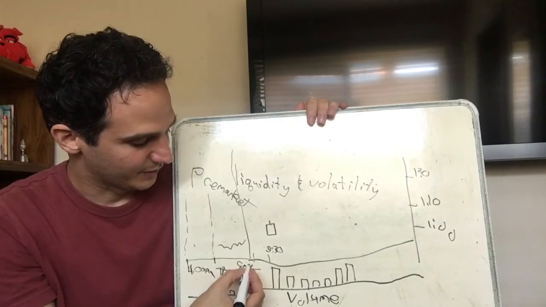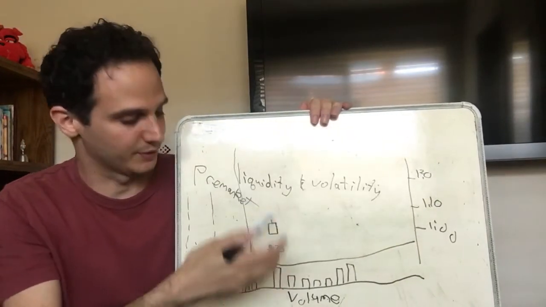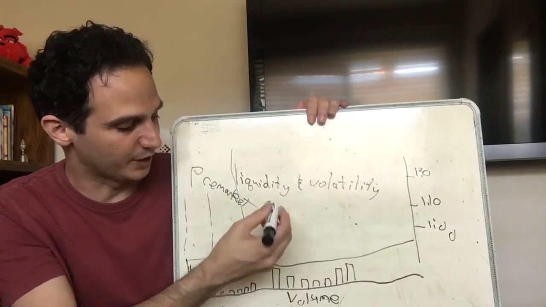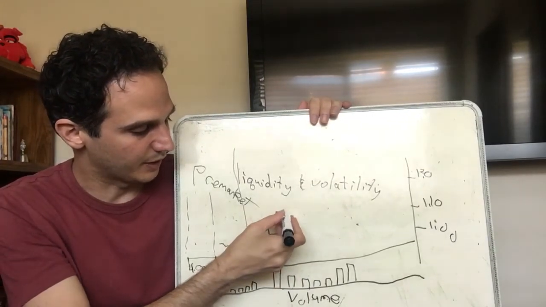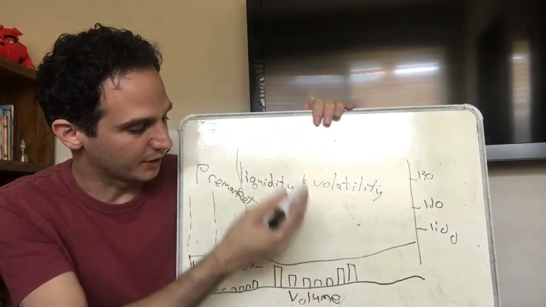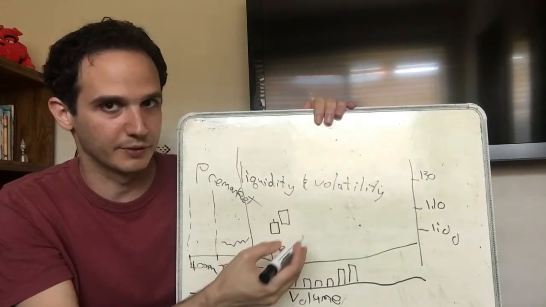Okay, but let's say this is 800K, so this is a good liquid stock, and normally when the market opens, the volume can be high and the stock might start to spike. Maybe it goes up to 110 here.